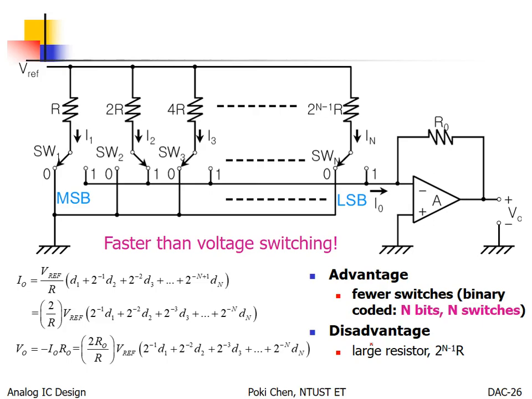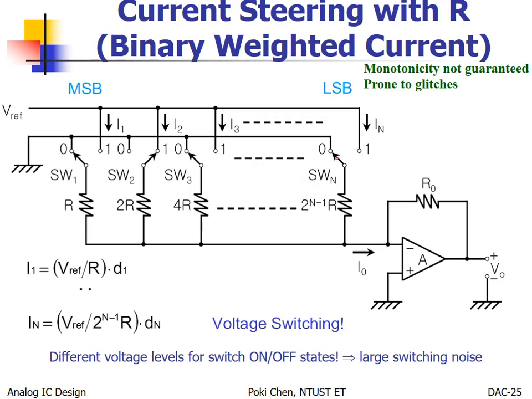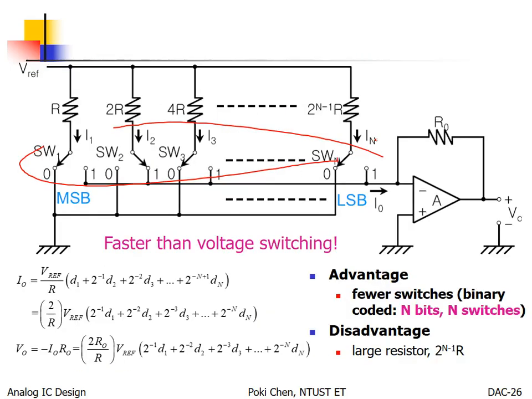What is the difference? The order of the switch. It is here. Original. It is to the top, close to V reference, right? But right now, close to ground. Okay?